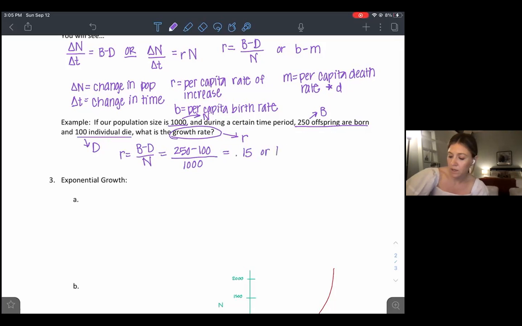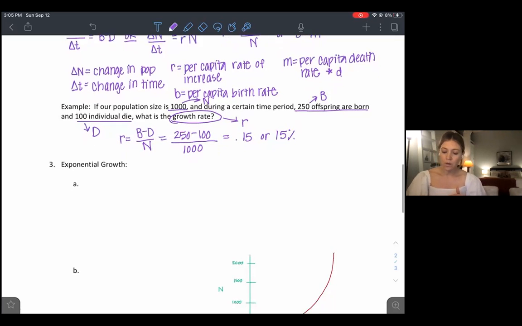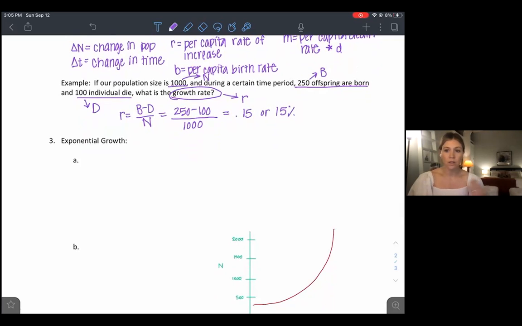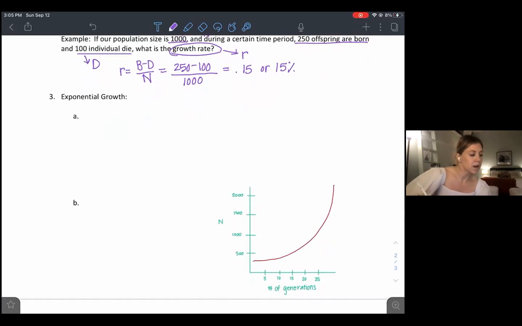Or you can think about that as being a 15% rate of increase in our population, okay? So those equations that we just used are going to be really well suited to explain exponential growth. So that's what we're going to talk about next, okay?